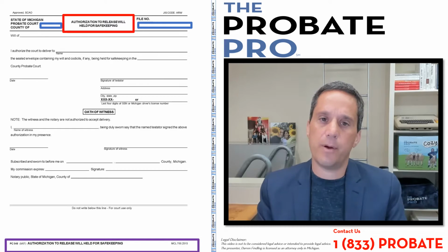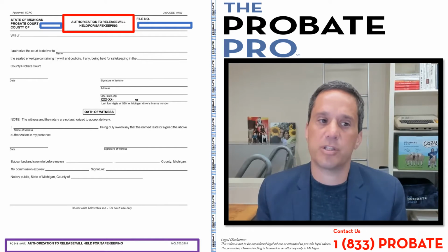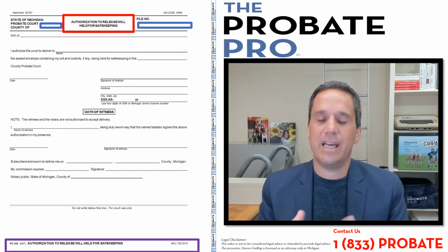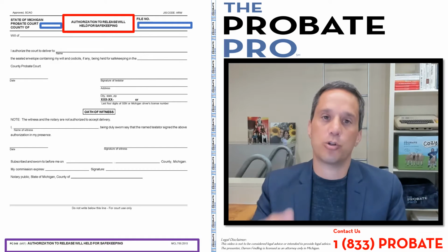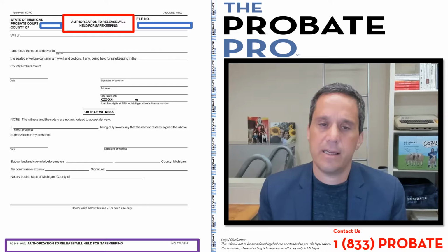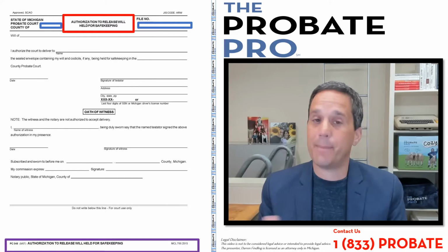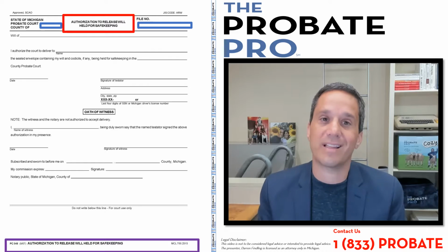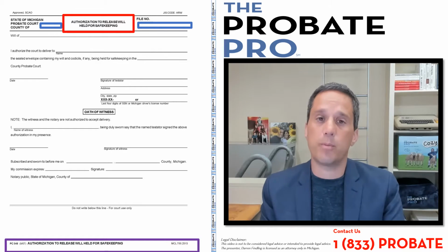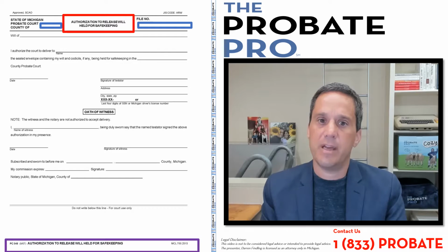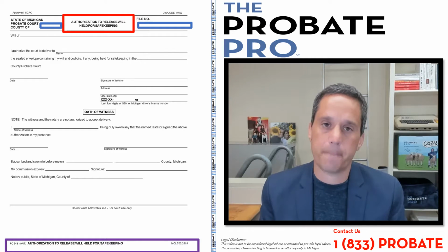So the will, as delivered to the probate court, gets a confidential filing, and that will cannot be accessed by public record during the lifetime of the individual. And of course, the individual can remove the will at any time that has been stored for safekeeping.